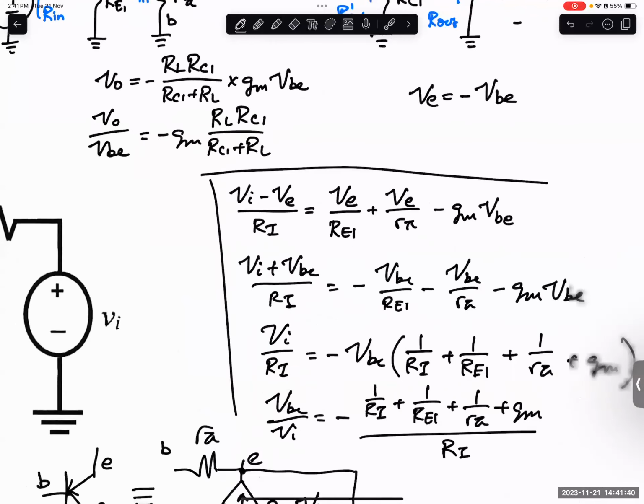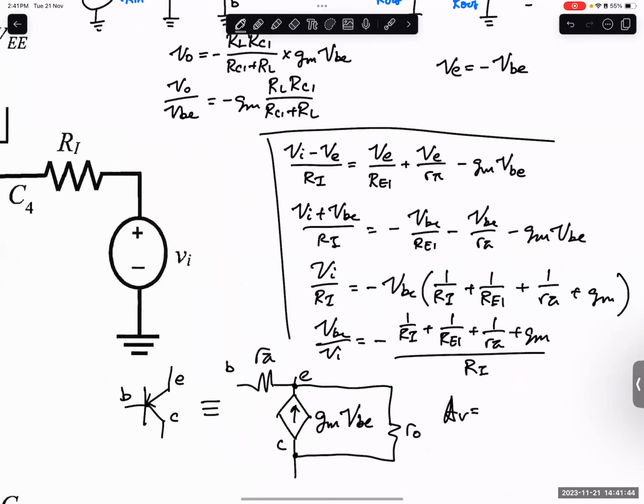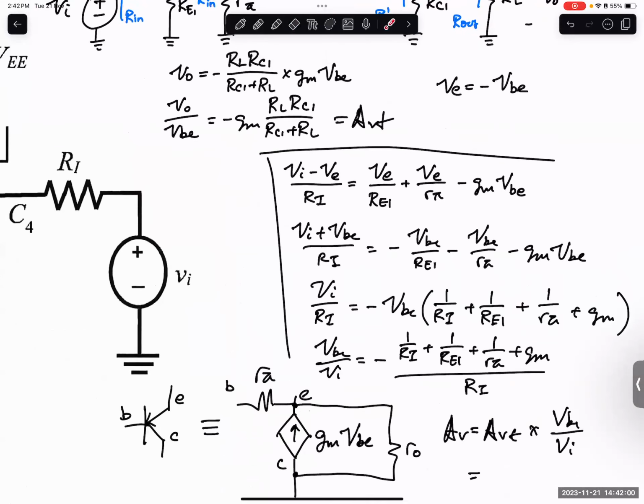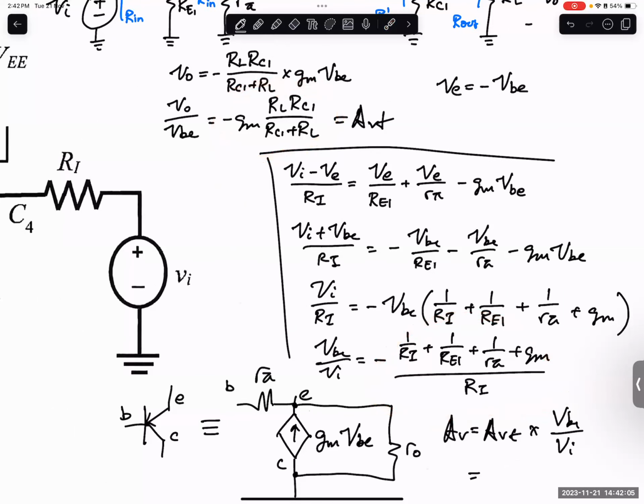And then to get AV equals AVT times, actually this is AVT, right? Times VBE over VI, which is equal to this one times this one. Then your answer, done.